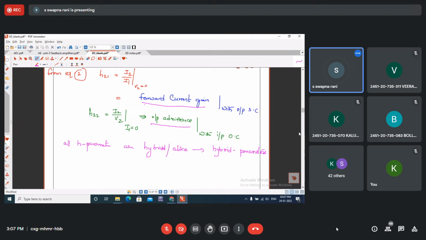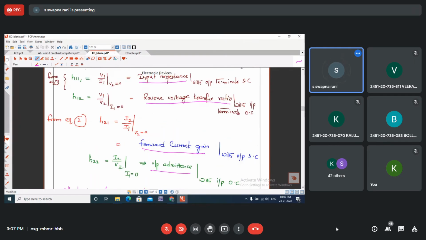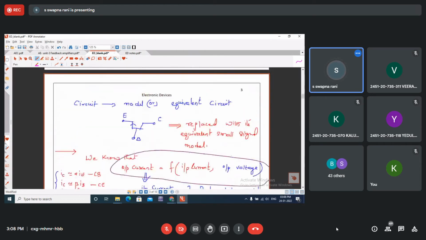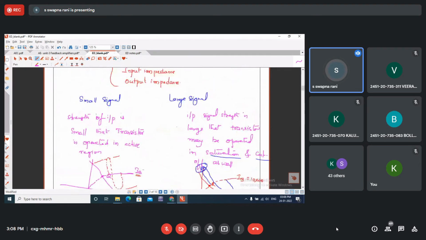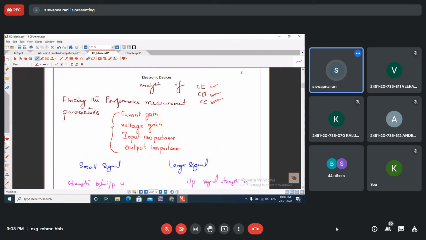Even for the analysis of an amplifier, we are looking into these parameters only. The analysis of an amplifier means current gain, voltage gain, input impedance, output impedance.